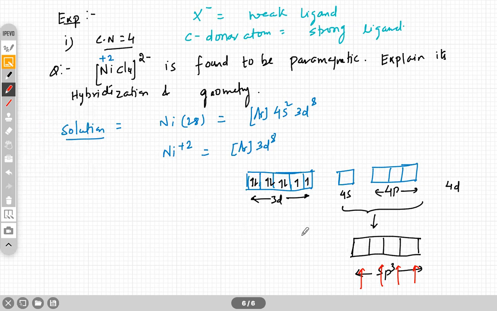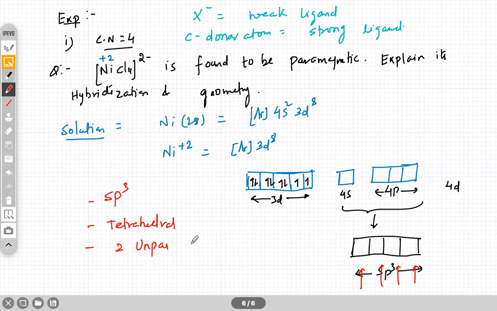Obviously, if you look at this, the hybridization is sp3, geometry is tetrahedral. There are 2 unpaired electrons, and hence the molecule is paramagnetic, which is also given in the question.